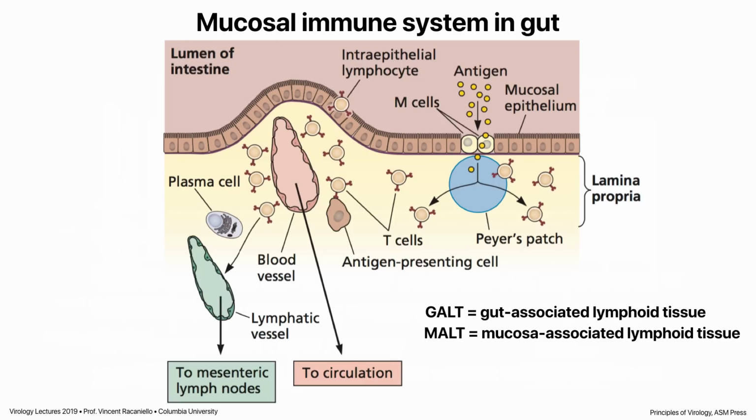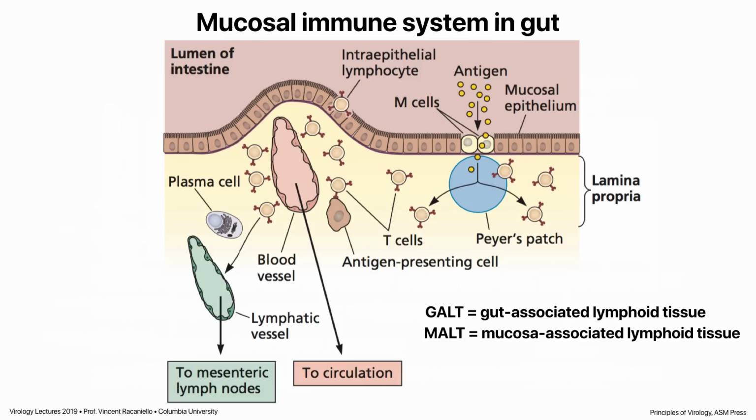The same goes on in the gut. We have a mucosal immune system in the gut. Here is the gut lumen at the top and our lining of epithelial cells. And beneath the epithelium, we have a variety of cells, including antigen-presenting cells, the dendritic cells that can present antigens.